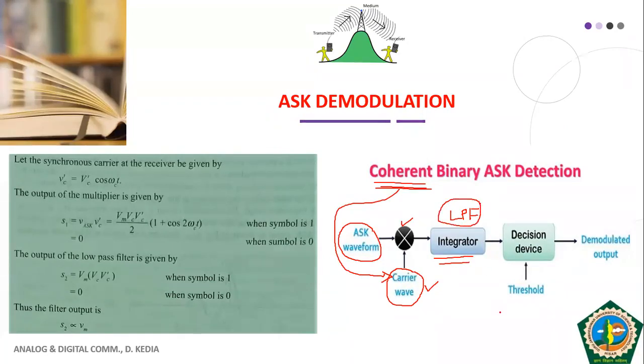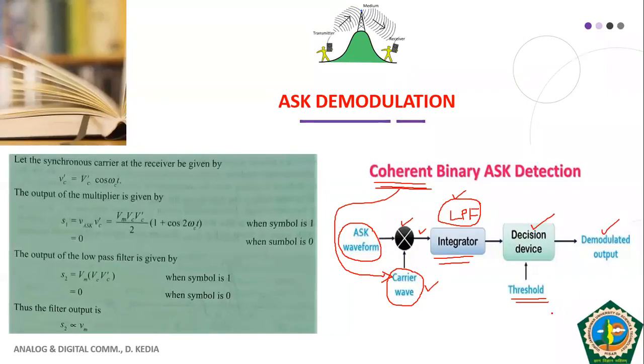I have explained that in earlier classes also. Once you have passed the output of the multiplier through a low pass filter, we again need to take a decision whether 1 is present or 0 is present, depending on the threshold value, and I get the demodulated signal back.